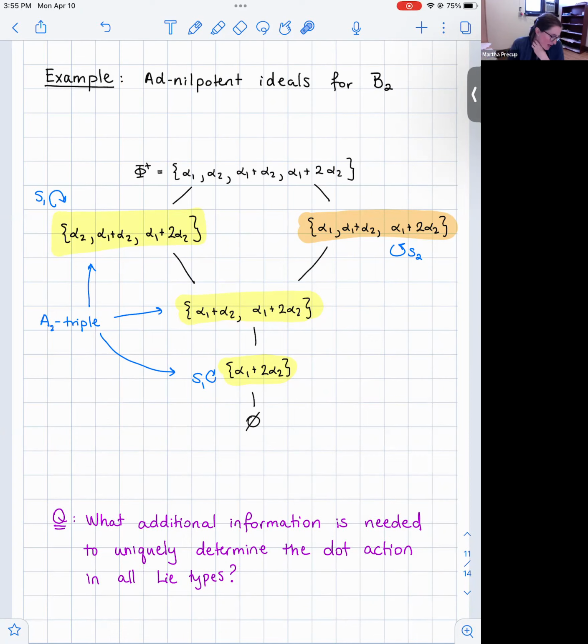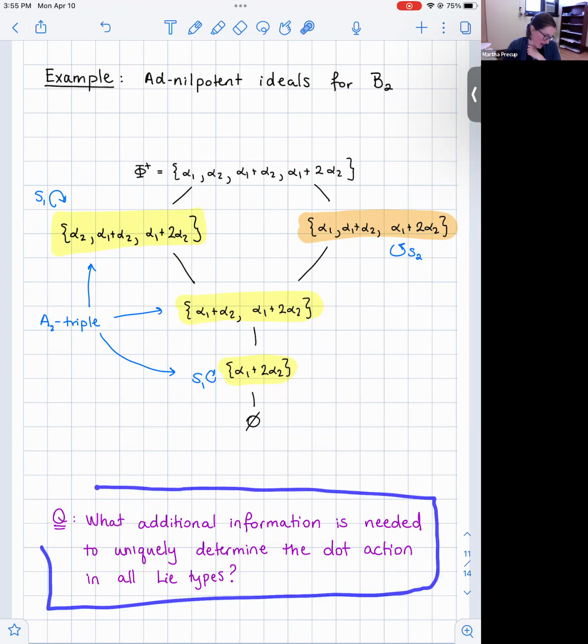And I think one takeaway is now things get more nuanced, because in type A, the modular law determines everything you want to know about the representation, right? That is in fact a theorem that some algebraic combinatorialists proved 2 or 3 years ago, that this modular law really dictates everything about these representations. Unfortunately, that's not true for all Lie types.